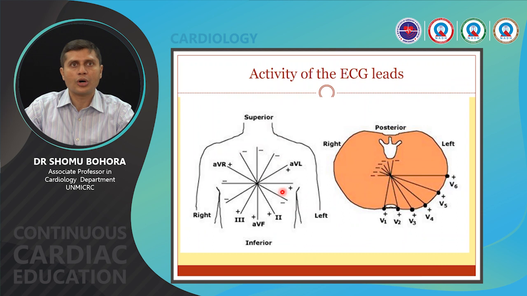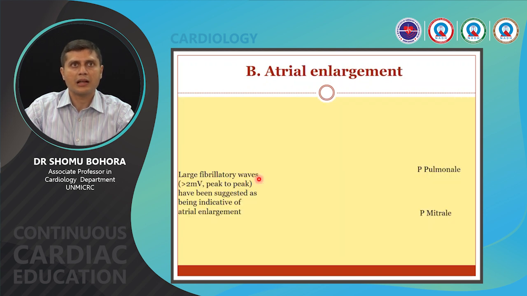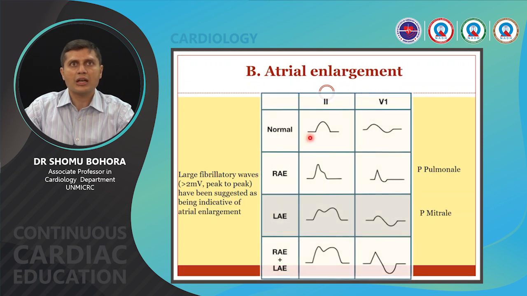So, based on the frontal as well as the vertical axis, the enlargement and the axis deviation is decided, and thereafter that is how we will be diagnosing the atrial enlargements. A normal P wave we would see in lead 2 and lead V1.